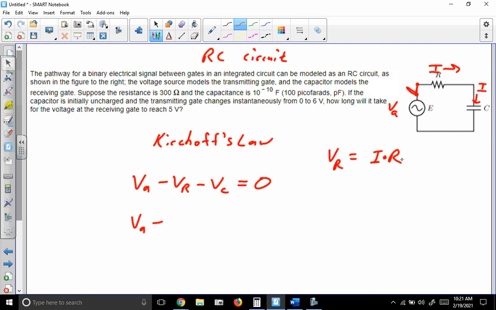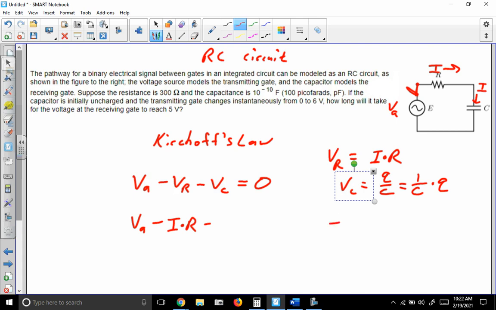So V over R equals I. So we're going to replace V, the voltage, with I times R. And then for the capacitor, the voltage on a capacitor is given by Q over C, where C is the capacitance and Q is the charge, or sometimes that's written 1 over C times Q.